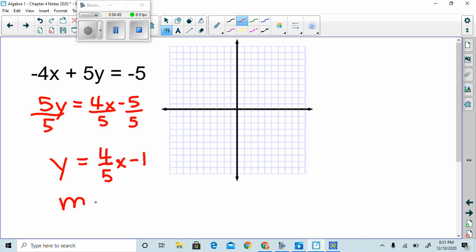My slope here is 4/5, telling me to rise up and over to the right, and my b, or y-intercept, is -1.